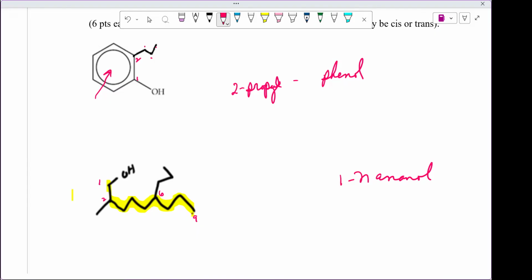We have a methyl and a propyl, so the methyl is going to come before the propyl. Squeeze that propyl in there. So it's 2-methyl-6-propyl-1-nonanol.